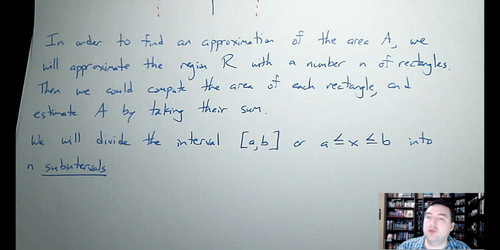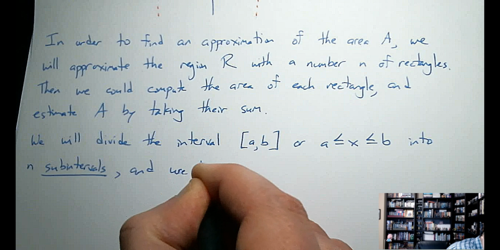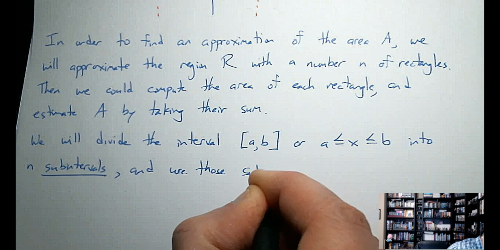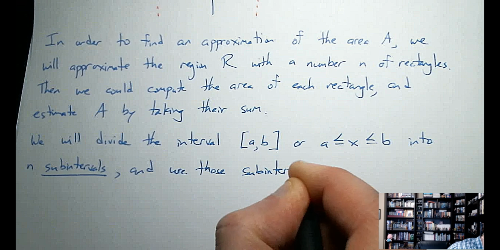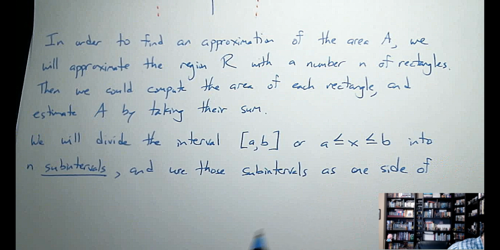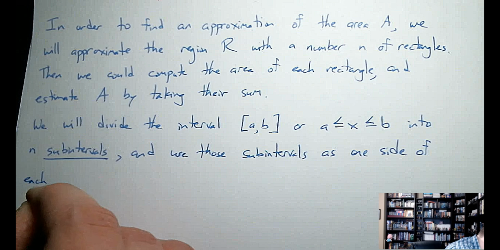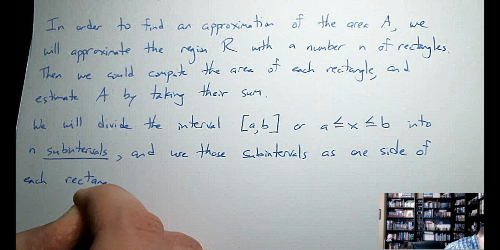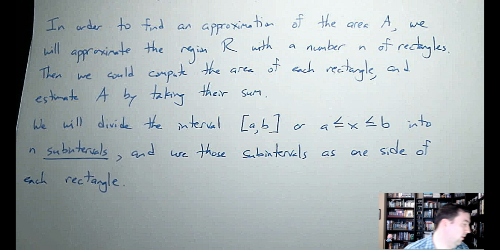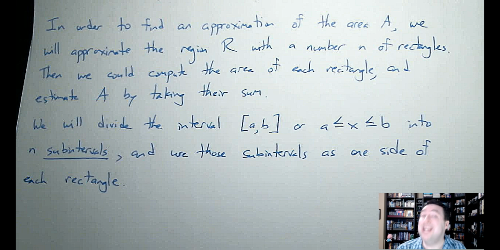And we're going to construct our rectangles on each of those subintervals, use those subintervals as one side of each rectangle. When we do that, we say that we've created a partition of the whole interval [a, b].